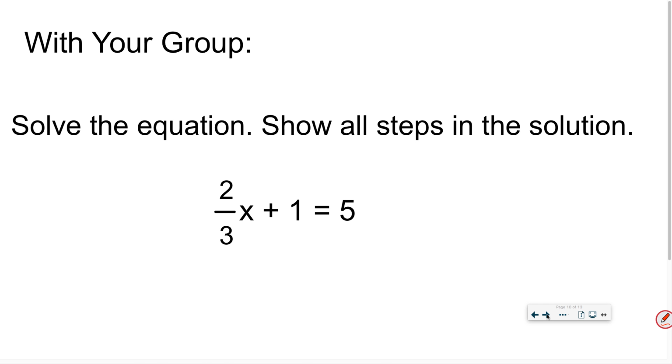You're solving for x. Now, you may choose to do it in your notebook first, and then share your answer, or at least what you think you've got, with the people that you're next to. So it's not a whole class conversation, it's just the people that you're with. 2/3 x plus 1 equals 5.